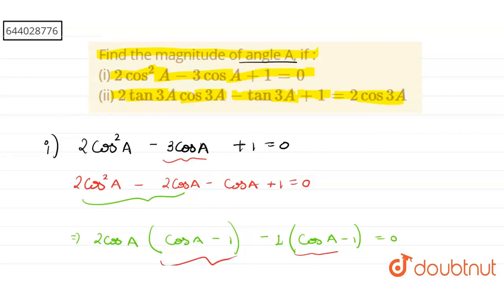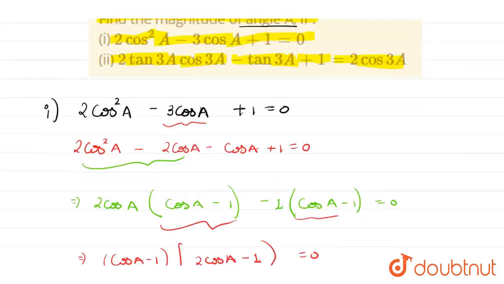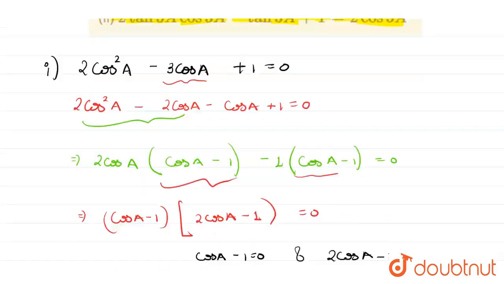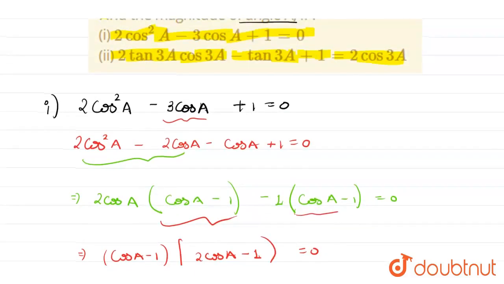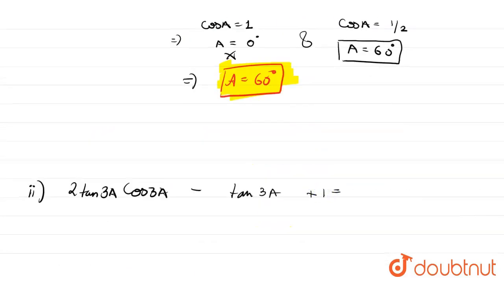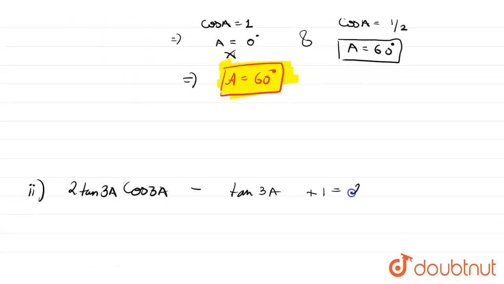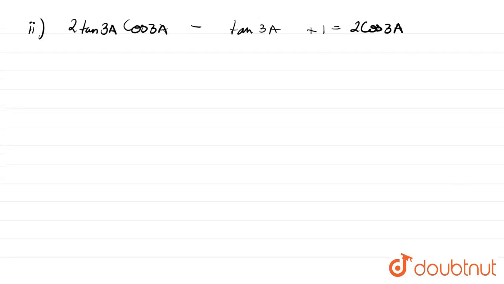Okay, so the second question we are going to write in a new line: 2 times tan 3a into cos 3a minus tan 3a plus 1 is equals to 2 cos 3a. So this is the question.